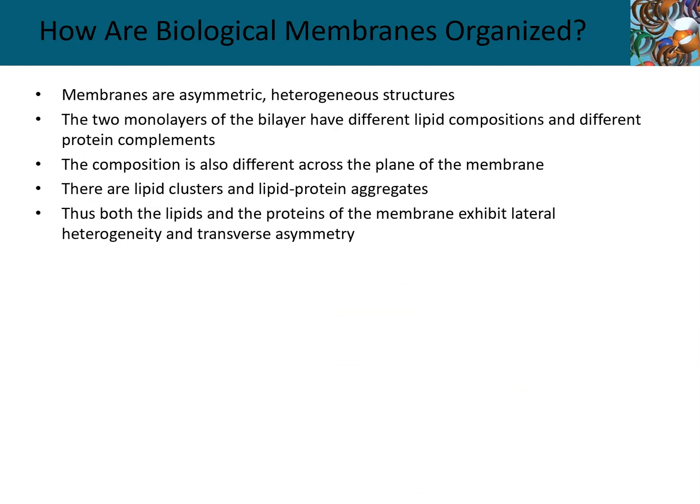So let's get into the organization of membranes just briefly. We talked about the fundamental ideas of the model of how membranes function, but how are they organized? Well, it's really important to remember that membranes are both asymmetric and heterogeneous structures. So the distribution of proteins across the two-dimensional surface and the distribution of the lipids across the two-dimensional surface are asymmetric.